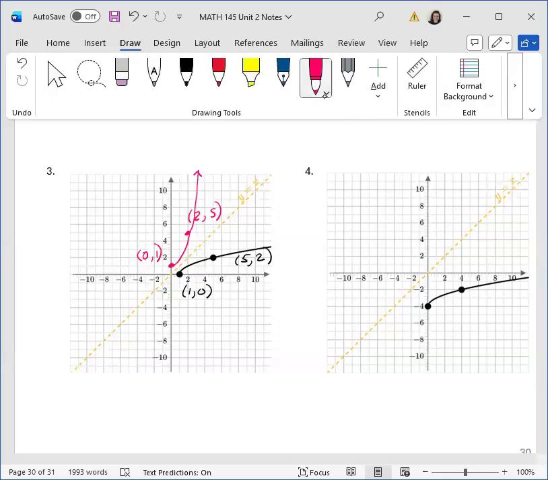Okay. Example 4, identifying those coordinates: 0, -4, and 4, -2. The inverse of that function would have the coordinates -4, 0, and -2, 4.